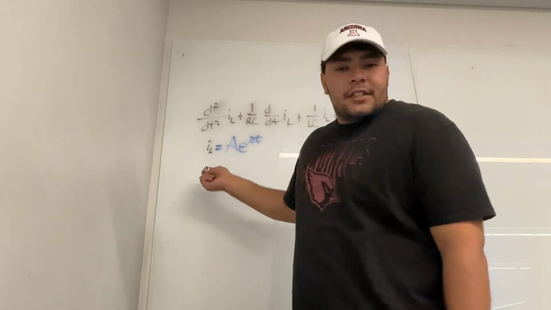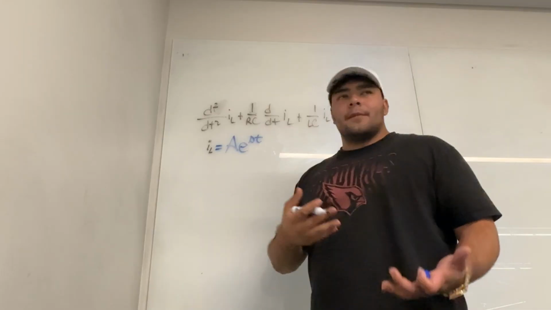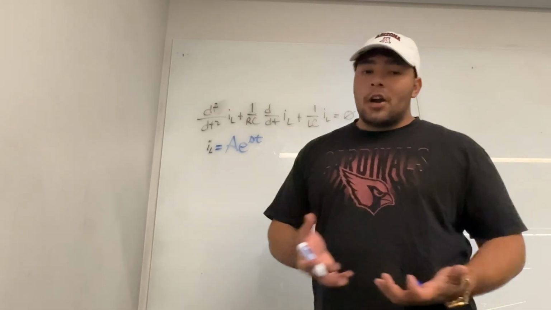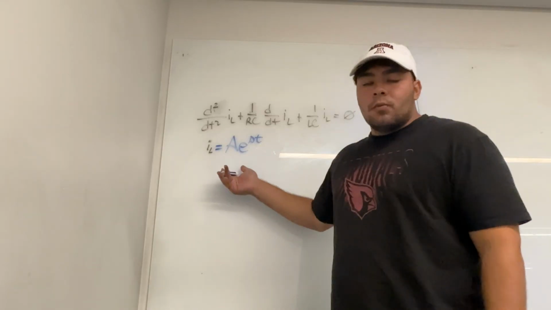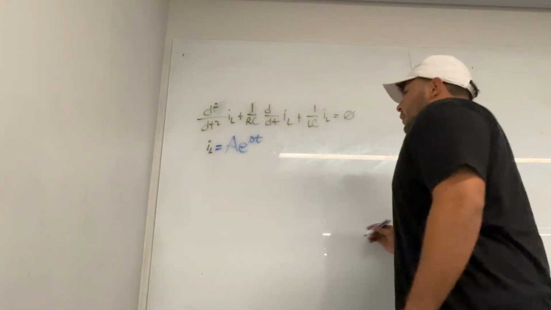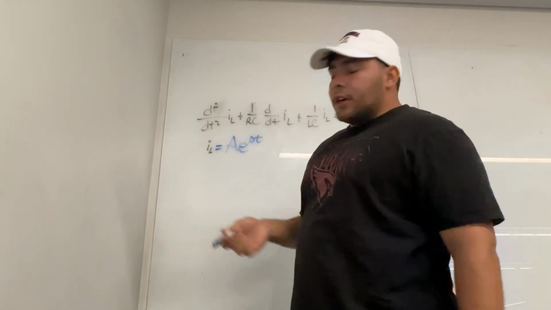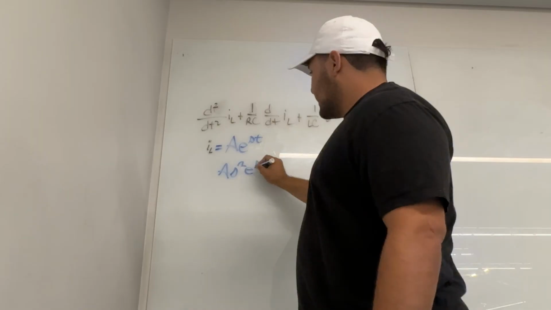So this is just a fancy way of saying that this number, I sub L, could be a real number, or it could be a complex number. The idea here is don't think too hard about it. This is what I sub L is, okay? That's another video. But when we take the second order derivative of it, what we're gonna get is A s squared e to the st.